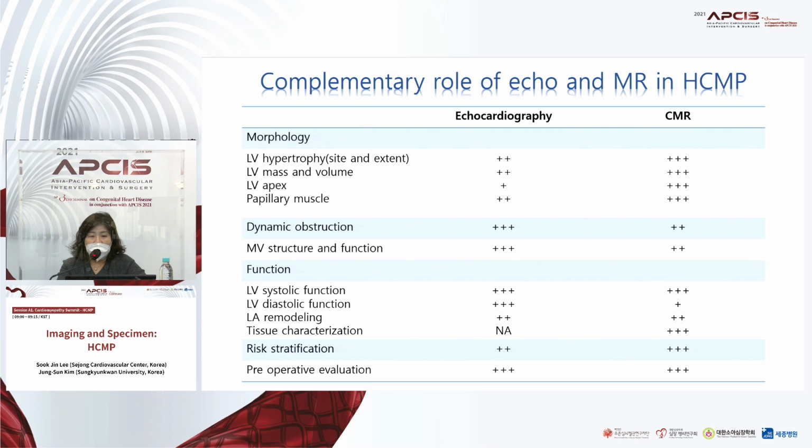Echo and MRI are the two most important tools to assess HCMP. Echo has better temporal resolution compared to MRI, but MRI has better spatial resolution. So morphology, like the extent and site of hypertrophic segments, the LV apex and LV lateral walls, can be evaluated better with CMR, but dynamic obstruction, mitral regurgitation and hemodynamics can be better evaluated with echocardiography.